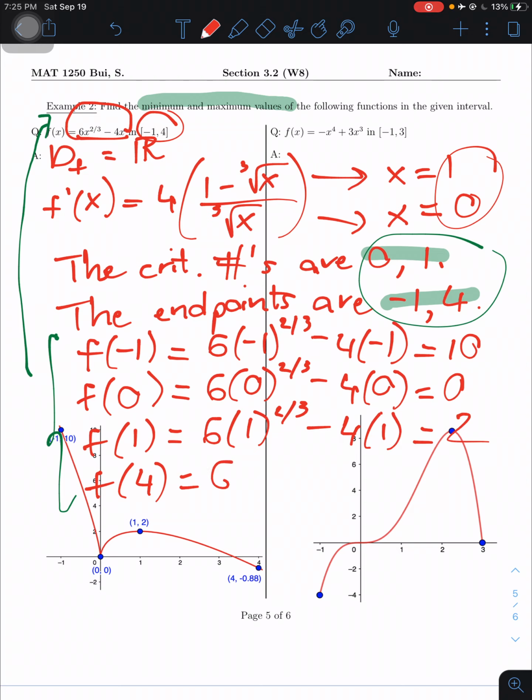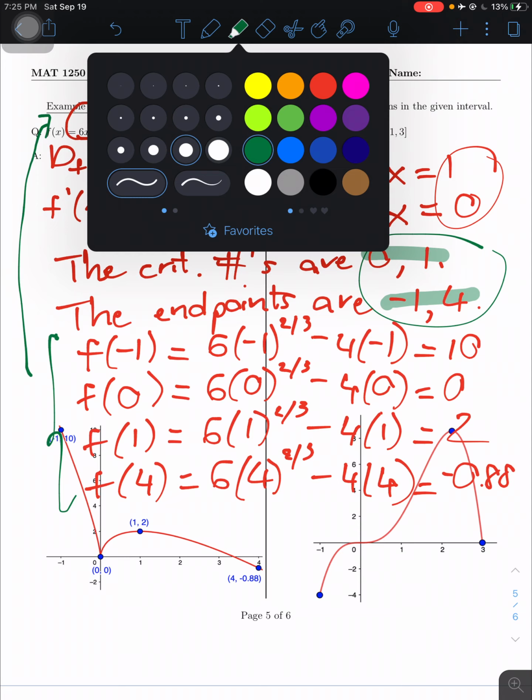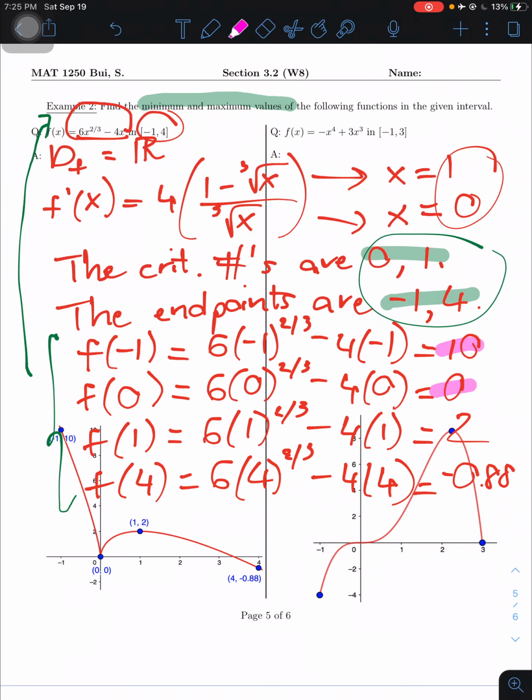And lastly, if I put in a 4 in here, that gives me a decimal, -0.88. Okay, so let me highlight all the finalists that we have in here, all the final values. So we have 10, 0, 2, and -0.88, right?